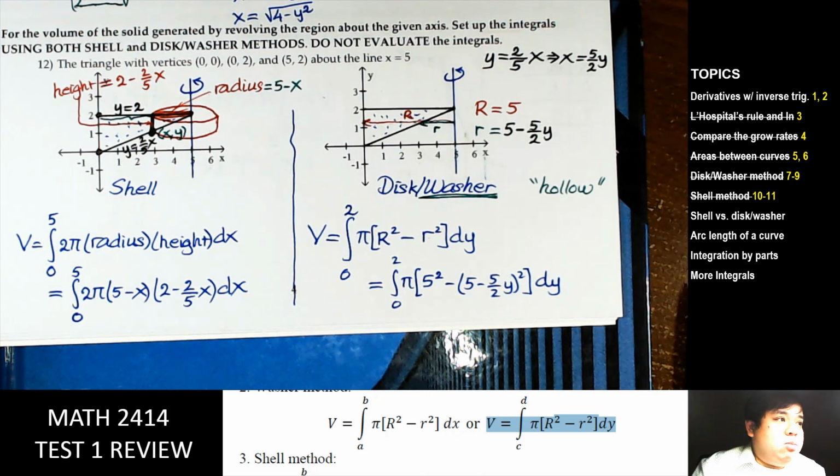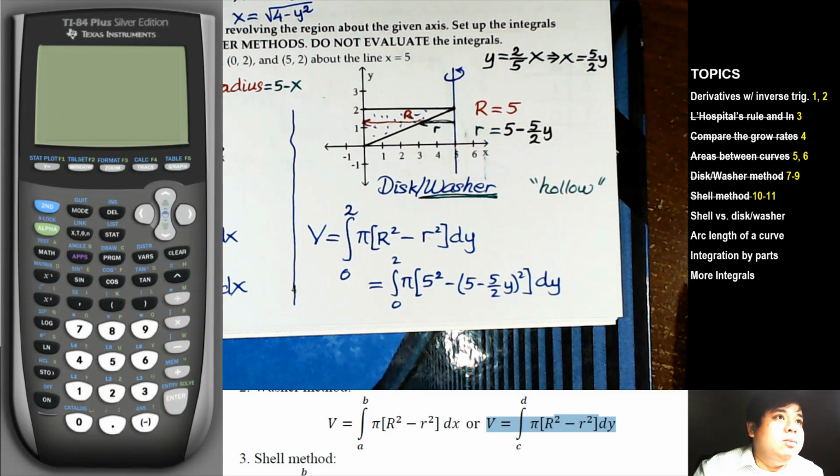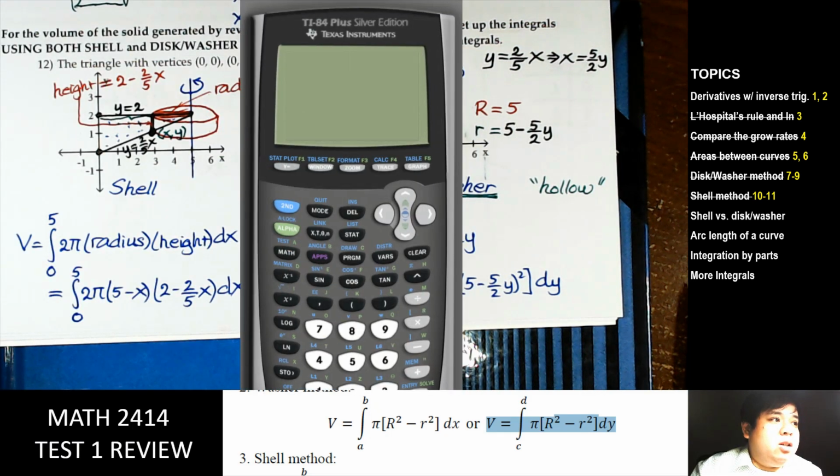Right, let's use the calculator and test them both. This one first. I'm just going to leave the 2 pi here.